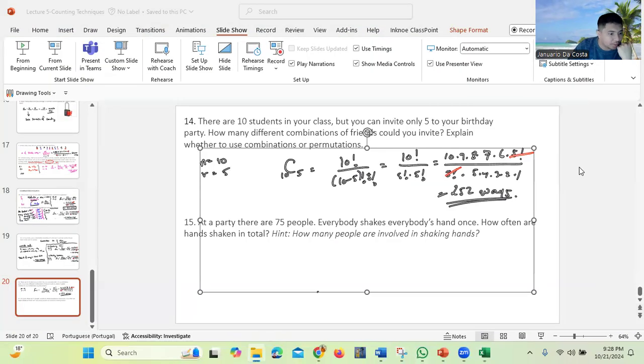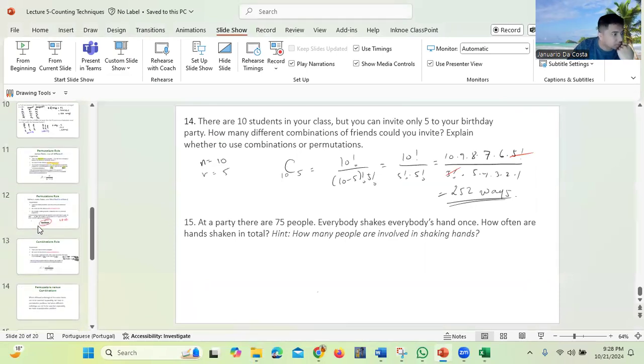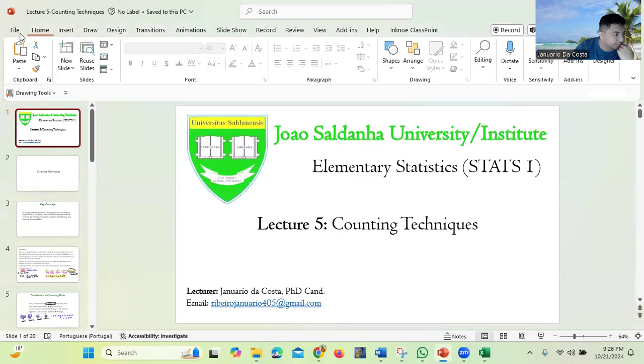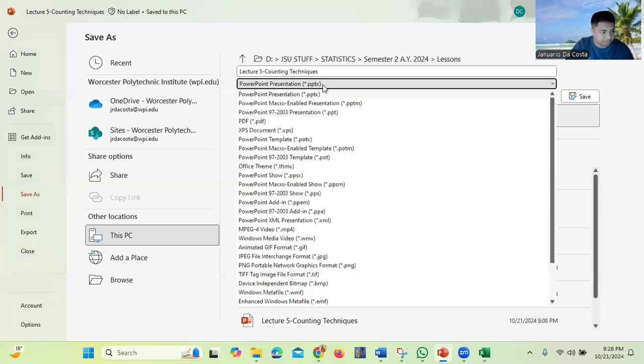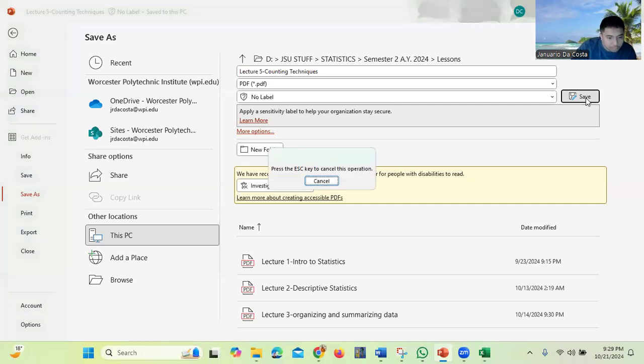Now that you understand the techniques of counting and probabilities, it should be easy for you to calculate probability. So you know a lot about probabilities now. Next meeting, we are going to learn about discrete random variables.